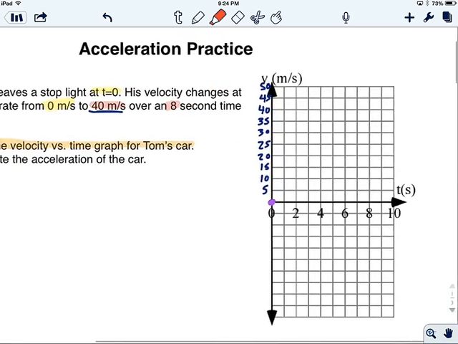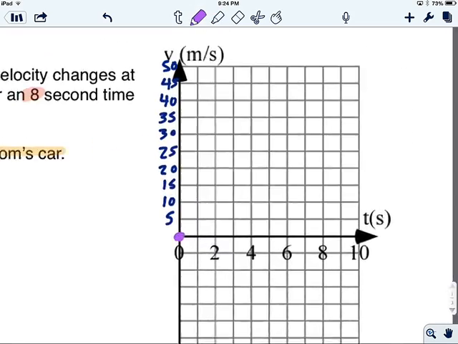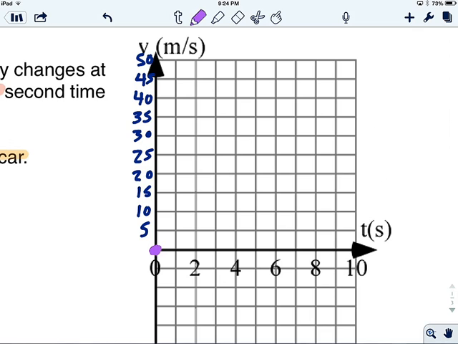So I'm going to take my pen again, and I'm going to go 8 seconds, and then 40. All right. So we see that's 8 seconds and 40. I put another dot.